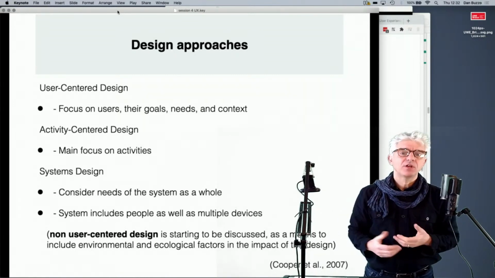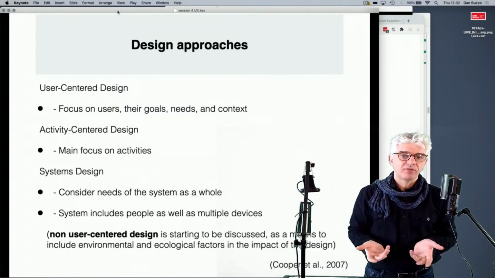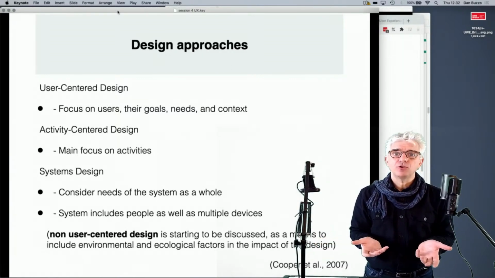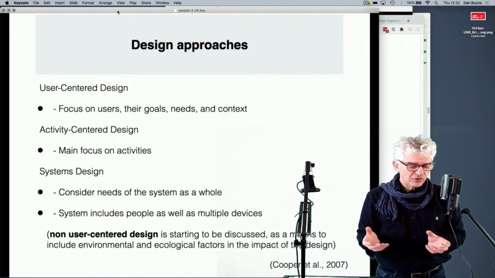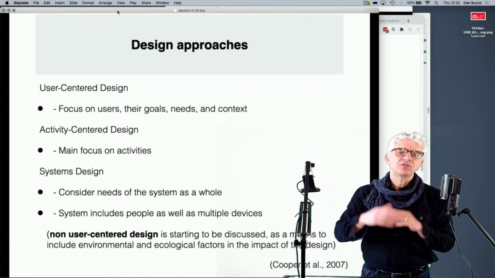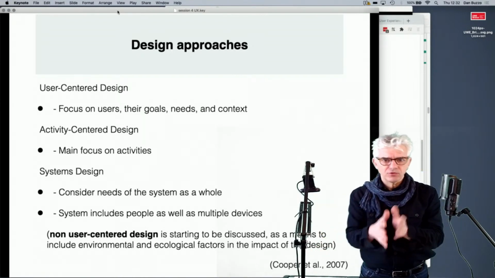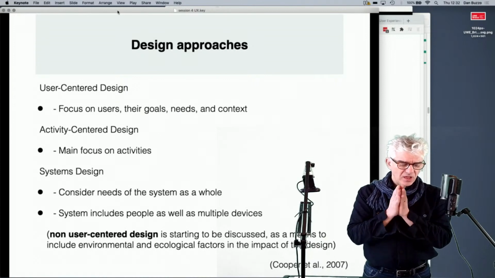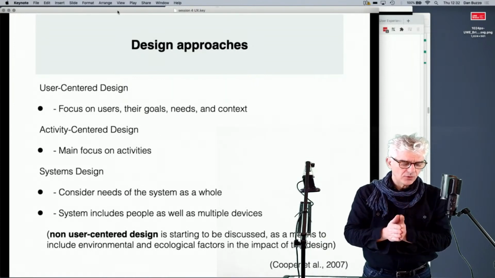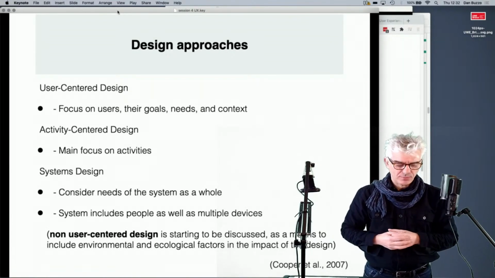And how do we design with an environmental or sustainable agenda as part of our design process, which it certainly should be. One of the challenges is, if we put the user at the center, their needs come above everything else. And the idea of non-user-centered design, and there's still discussion going on about this, so this is my take on it, is that you actually include environmental and ecological factors as a part of the design process.